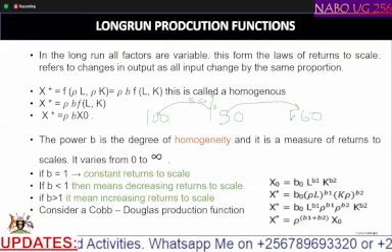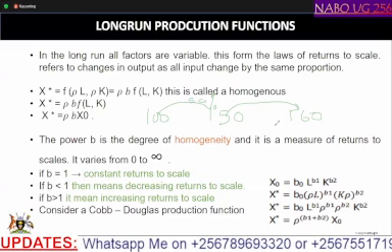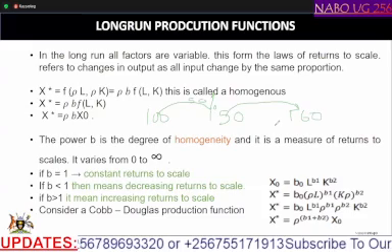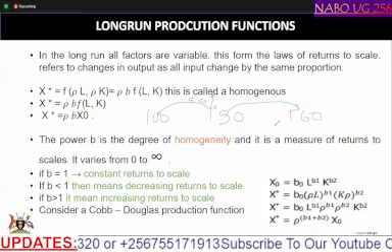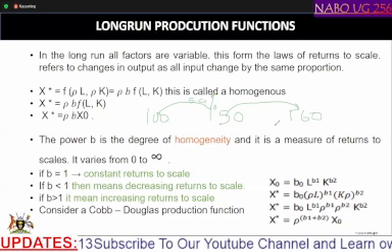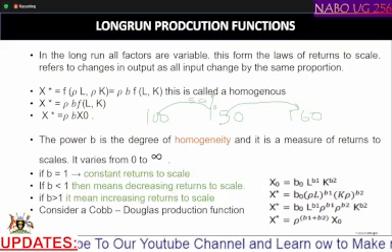The increase from 150 to 160 is 10 divided by 150, about 6%.